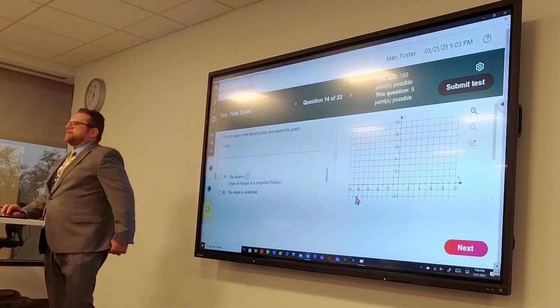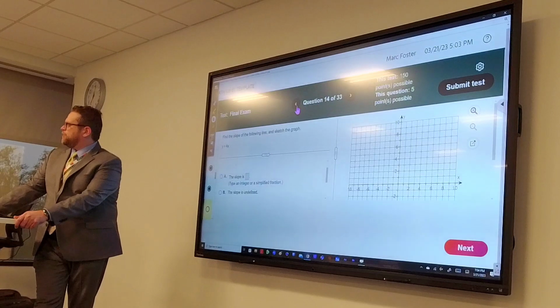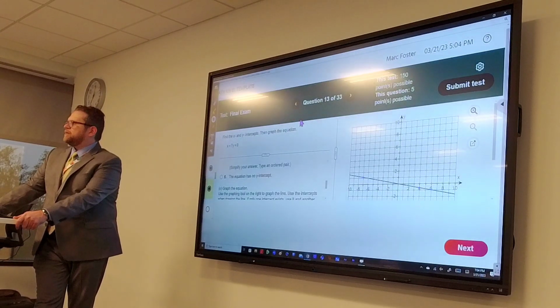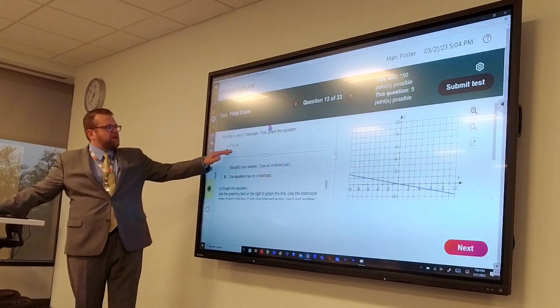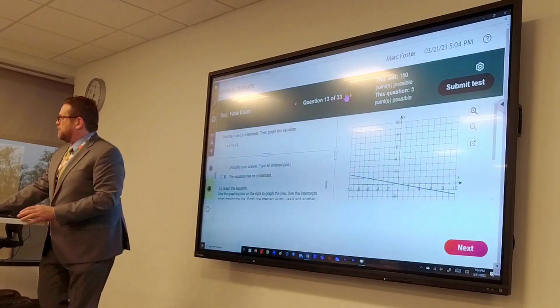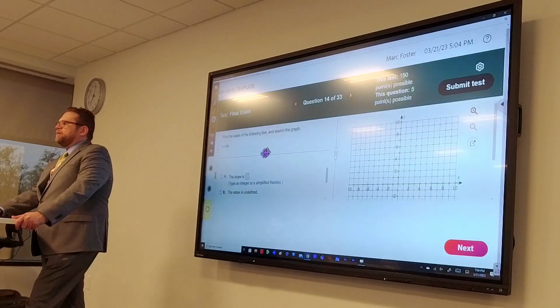y = 4x. Notice that this line here, y = 4x, is in the same spirit as this one, because the b in the y = mx + b is 0 in both of these equations. So if they were to ask me what the x and y intercepts were here, again, it would be the origin.